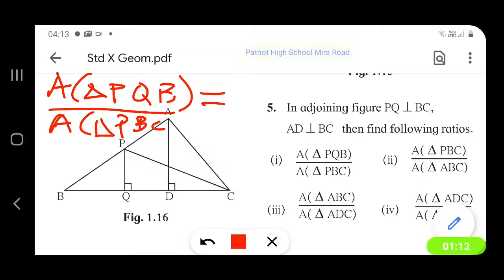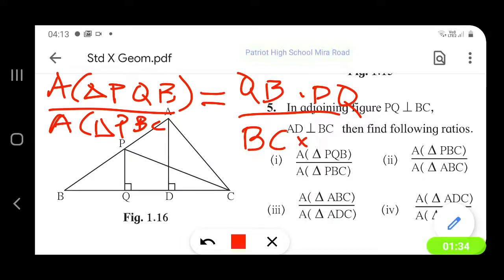So base is QB into height is PQ, upon, for triangle PBC the base will be BC and the height will be PQ again. So PQ and PQ being common will get cancelled. So we have this ratio equal to QB upon BC.